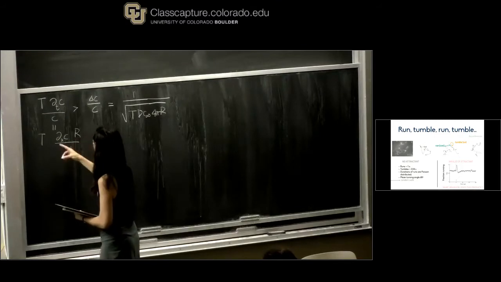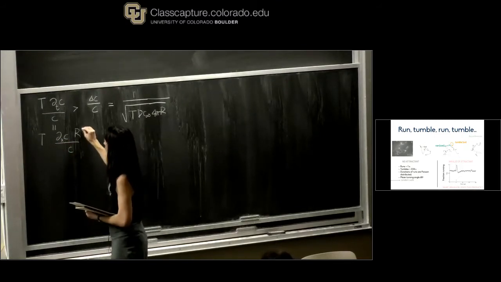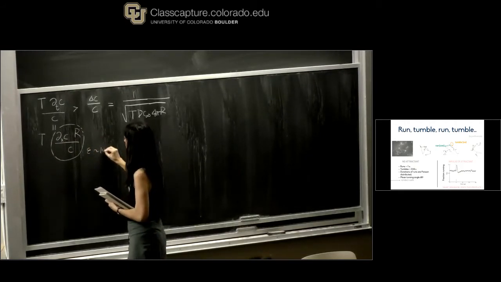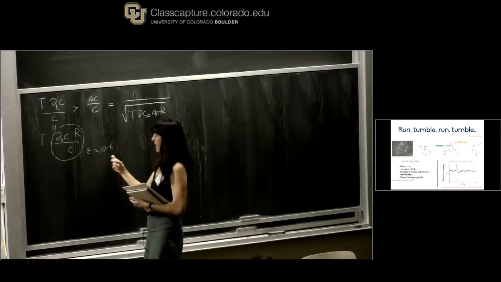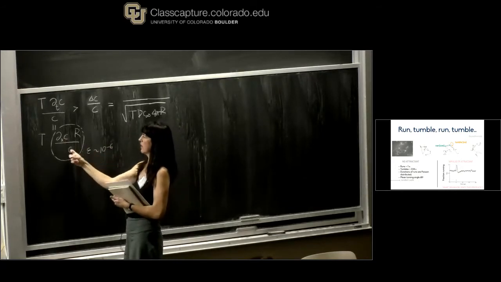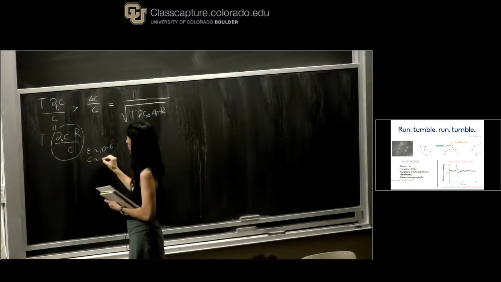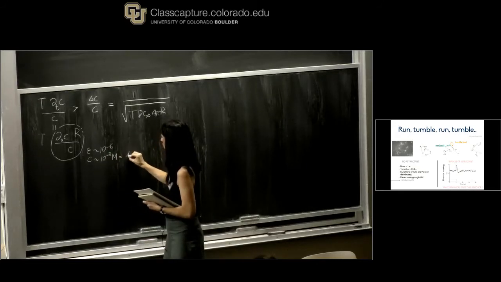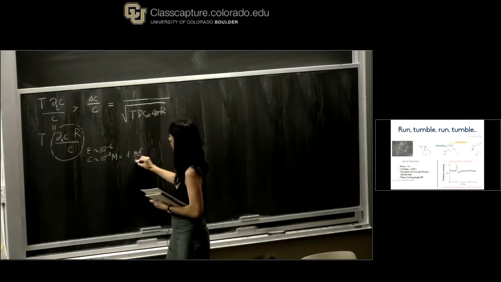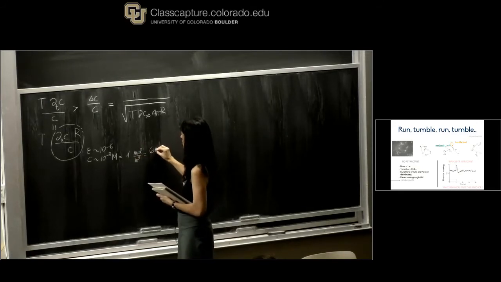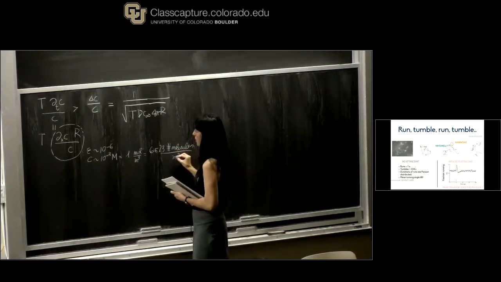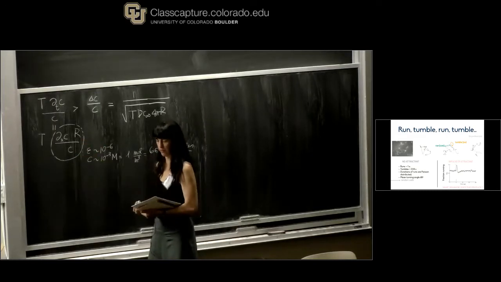Okay, and I just write it in this way because I know from experiments that this number, epsilon, is order 10 to the minus 6. So these are measures that demonstrate that in a gradient coming from C about 10 to the minus 3 molar, which means 1 mole per cubic meter, which means 6 times 10 to the 23 molecules per cubic meter, they're able to do the job.